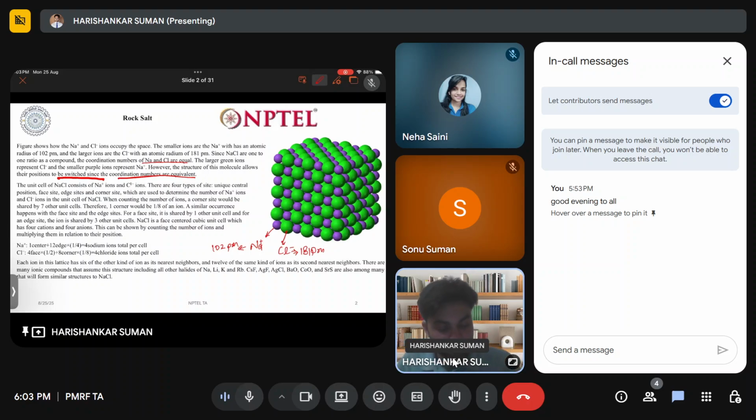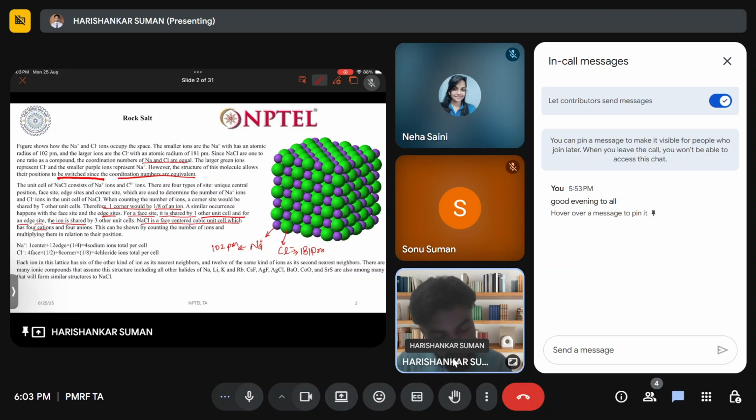When counting the number of ions, a corner site is shared by 8 unit cells, therefore a corner contributes 1 by 8 of an ion. A similar situation happens with the face site and edge site. A face site is shared by 2 unit cells, and an edge site is shared by 4 other unit cells. So NaCl is a face centered cubic unit cell.